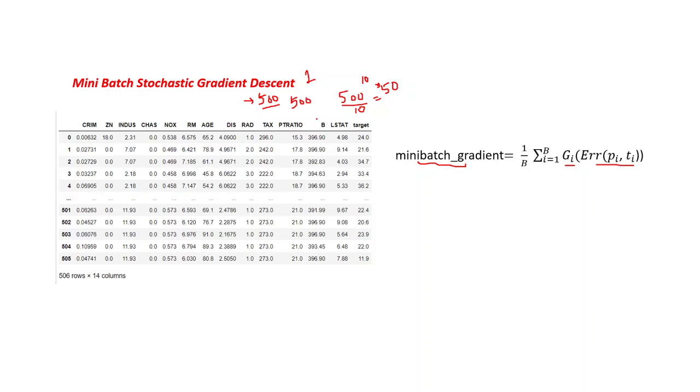But in case of mini-batch stochastic gradient descent, since we have broken down this data set into batches of 10, after the gradient of one batch is computed, the parameters are updated. So after the model has gone through these 500 examples, the parameters will be updated 50 times. So it's a middle path.